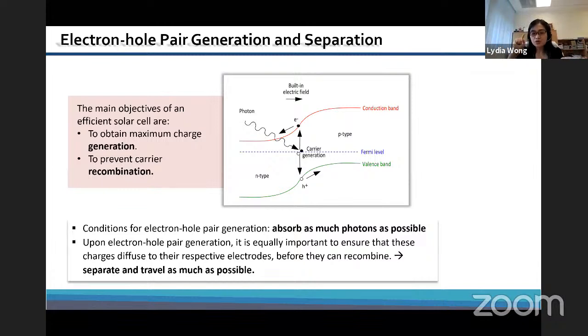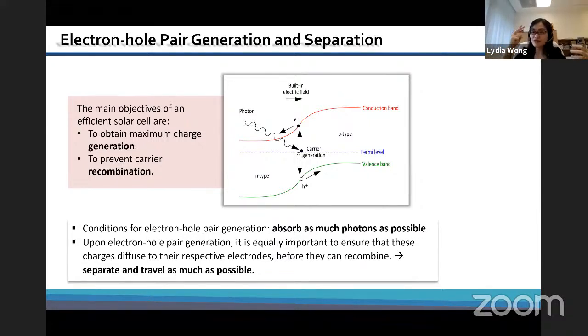Okay, so you need to absorb as much as possible and make sure the electrons and holes can travel safely. Okay, and this is the job of a materials engineer. How can you design a material that can absorb as much as possible, but also transfer electrons and holes as much as possible?